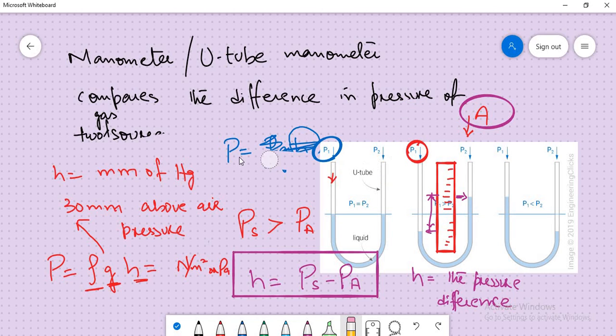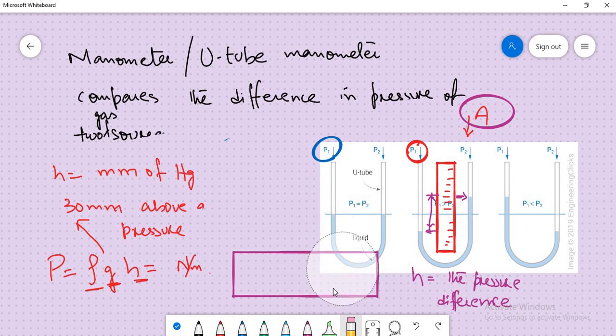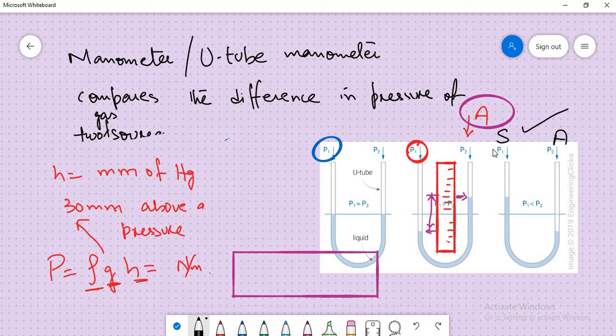Now consider the third example, in which we consider this air pressure and the pressure of the source. We can see that the air pressure is clearly greater than the pressure of the source. Therefore the air pressure has pushed the liquid column downwards, and the liquid rises on the left hand side.